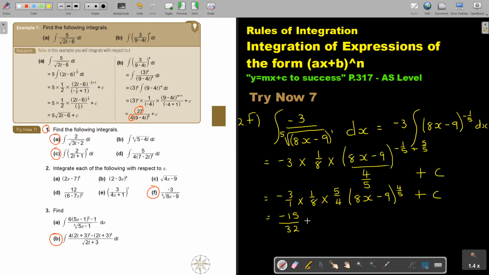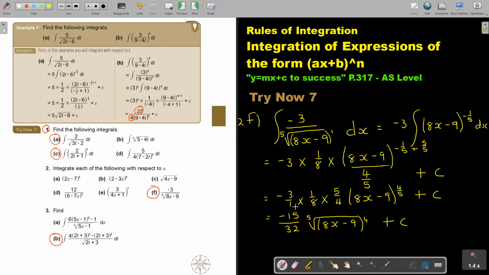Okay, let's just see. 15 over 32, and I can take it back to the root. If it's back to the root, remember it's a fifth root because that's the denominator, brackets 8x minus 9 to the power of 4, and then plus c. But I could have left it like this, but just go for the simplified fraction here in front.